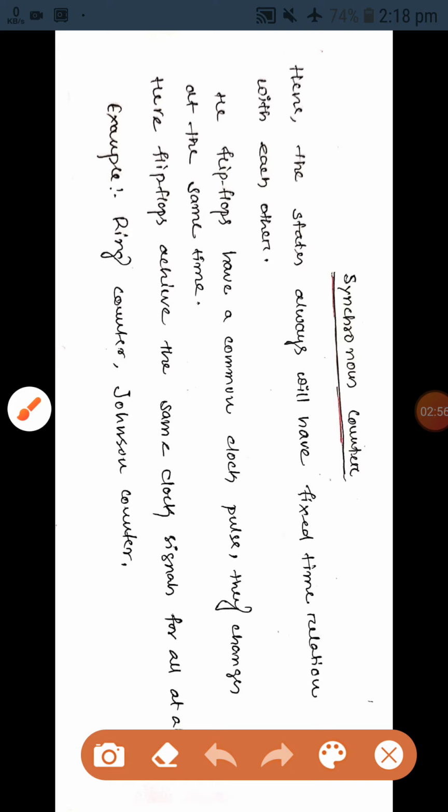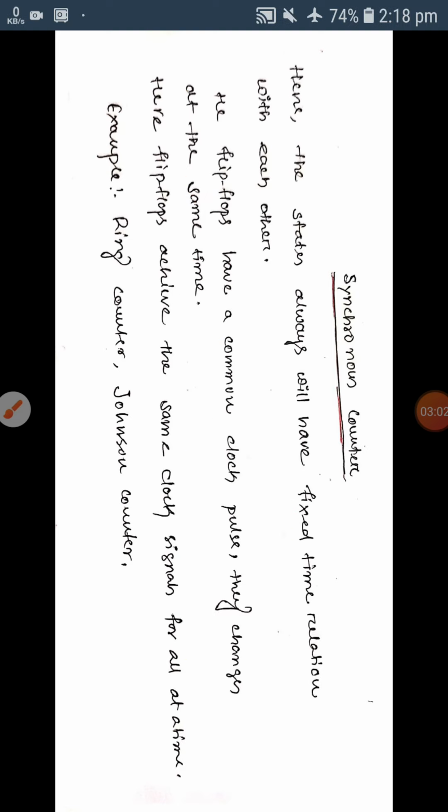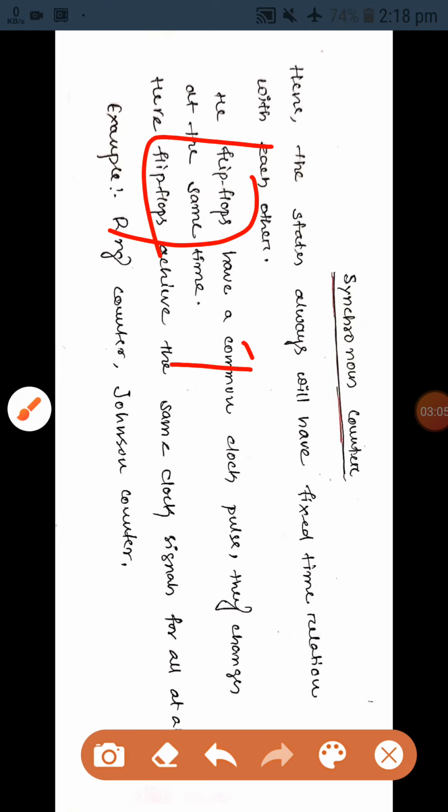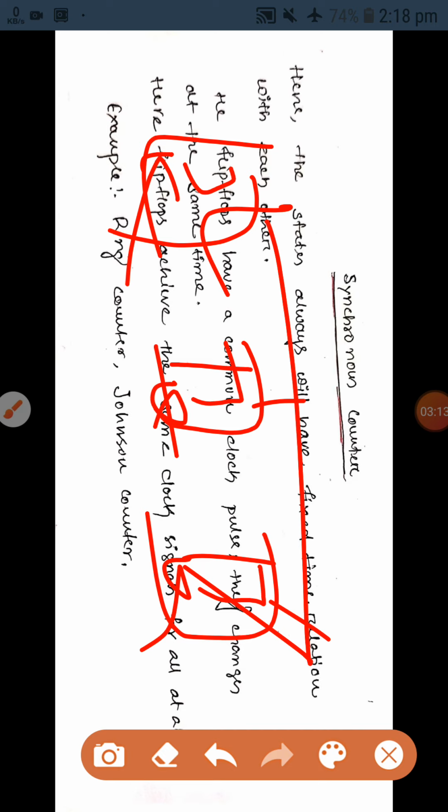Same thing again, for all states. As we know, counter is a combination of flip-flops. It may be that so many flip-flops are there. This is J, this is K, this is J, this is K, J, K. So it may be 1, 2, 3, here it is a 3-bit counter.